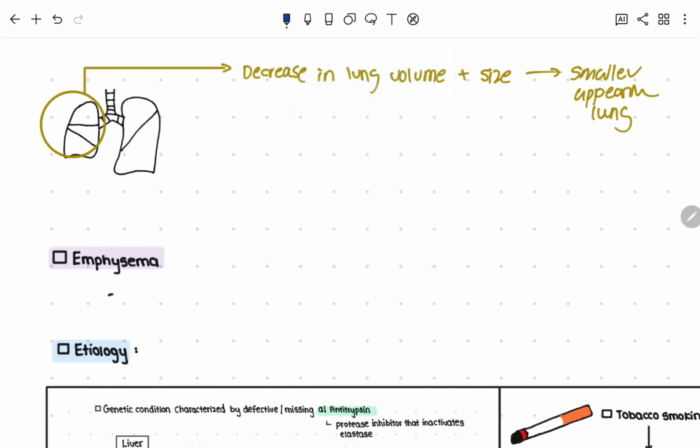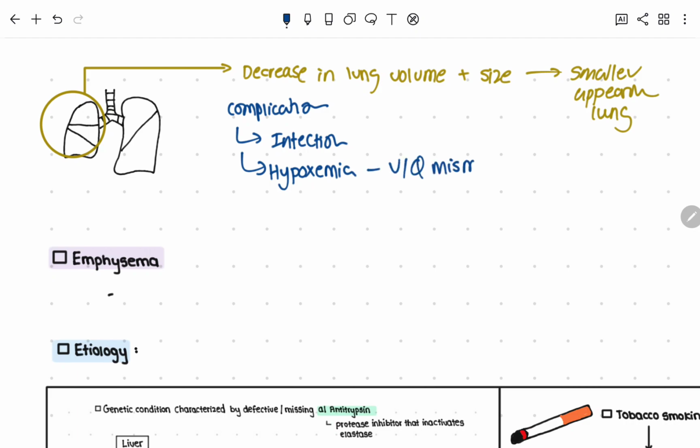And the complications of this include any chances of superinfection. So infection, it can lead to hypoxemia occurring secondary to a VQ mismatch, because again you're not ventilating the alveoli, and so what this means is that the blood supply has to be diverted to other alveoli that are relatively well ventilated, and so you have pulmonary capillary constriction.